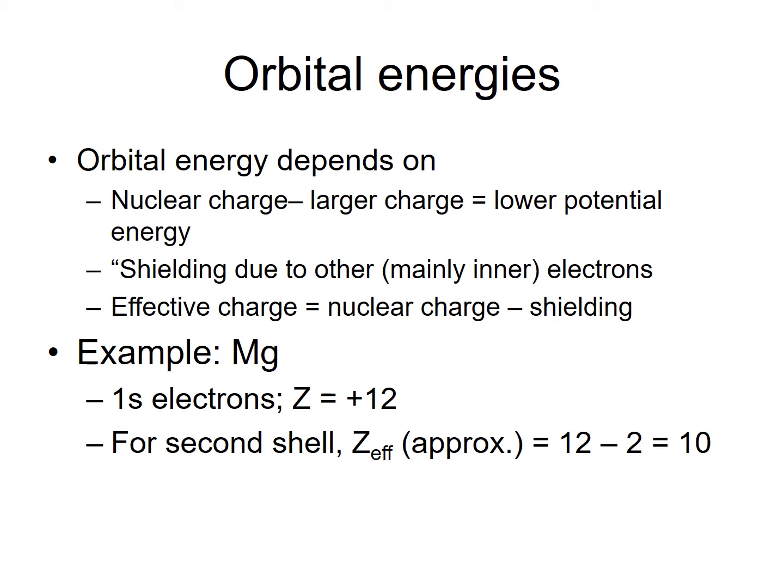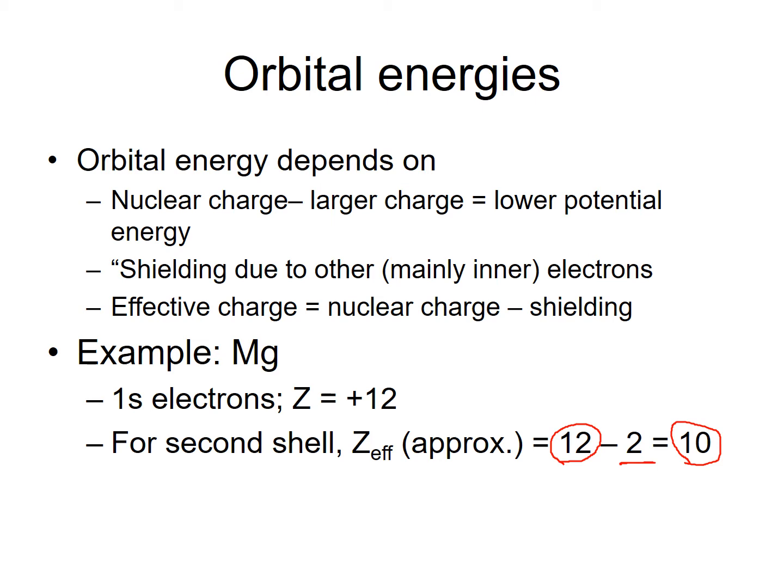For electrons in the second shell, the effective nuclear charge is approximately 10. This is not exact, but that comes about because we have a full nuclear charge of 12, and between the electrons in the second shell and the nucleus are those two inner electrons. So the effective nuclear charge then becomes 10.